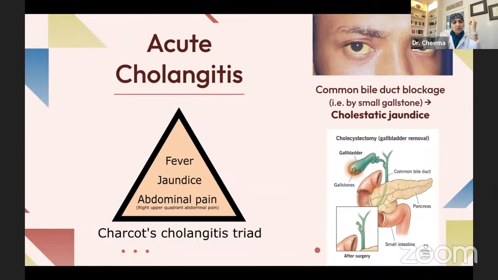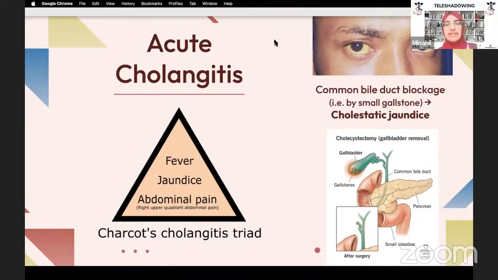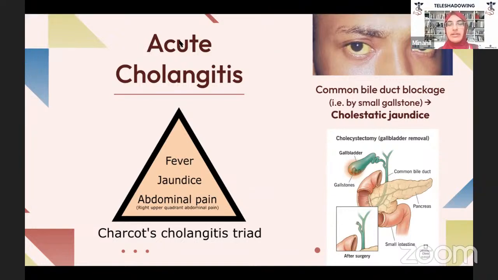So let's go over it. Minahal, can you talk a little bit about acute cholangitis? Acute cholangitis basically has a triad of three symptoms, and if they're fulfilled, then you can suspect in your differential Charcot's cholangitis triad, which is fever, jaundice, and abdominal pain, specifically in the right upper quadrant. I also wanted to talk about how this tends to be an emergency, right?